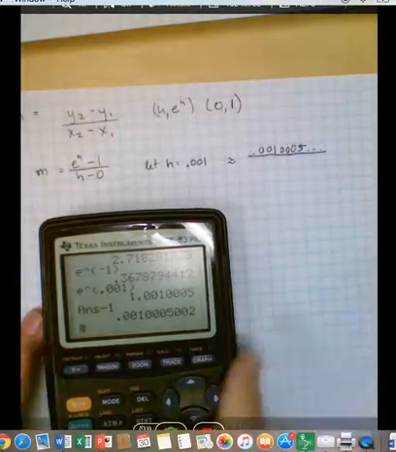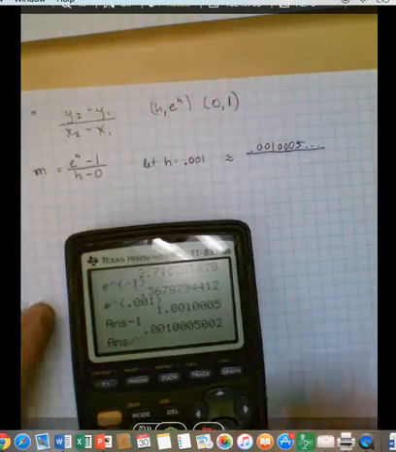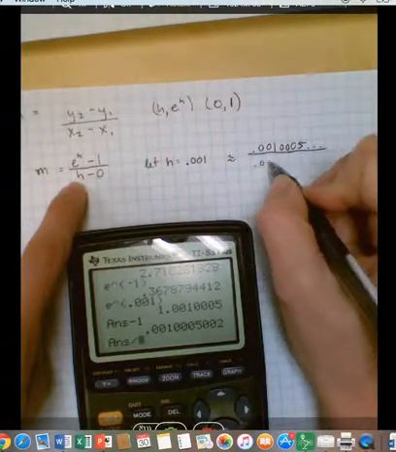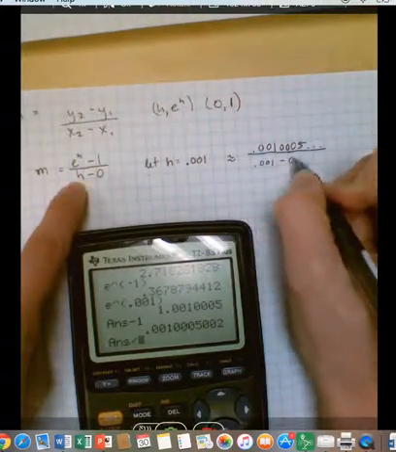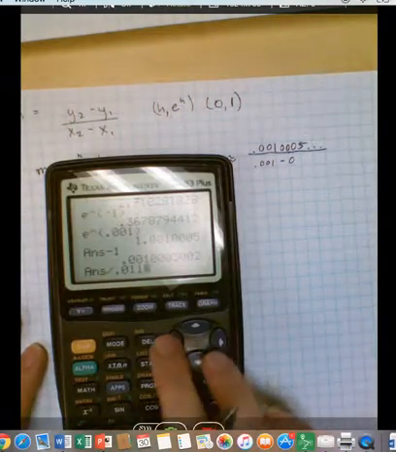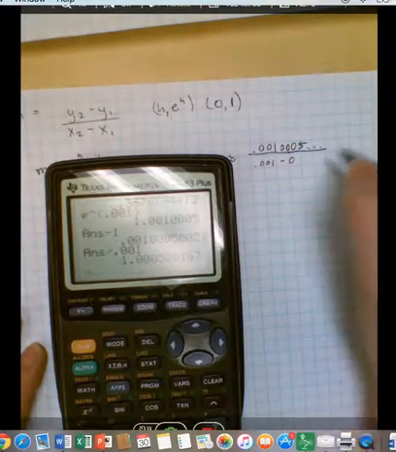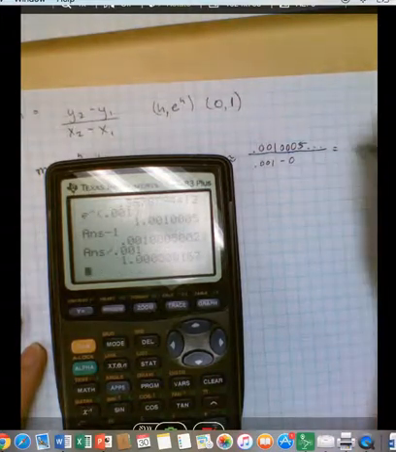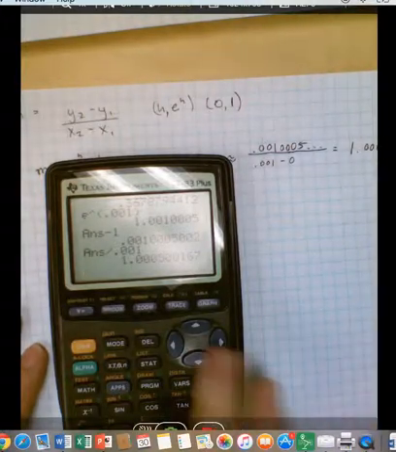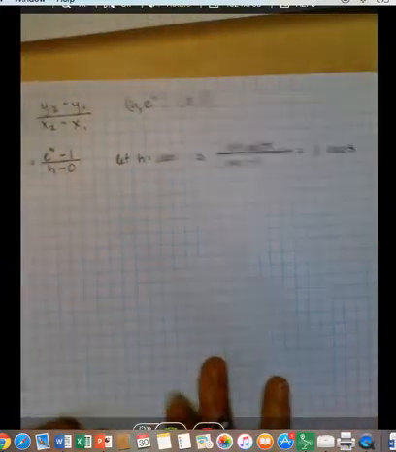And then we're going to divide that by 0.001 minus 0, so basically 0.001. It looks like it's 1.0005. It appears to be almost 1, but let's check one more time.